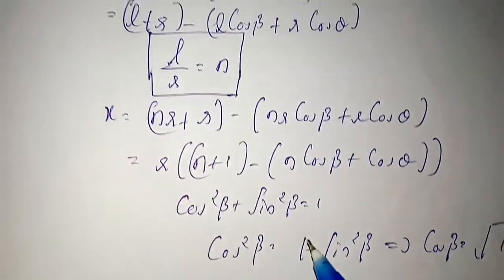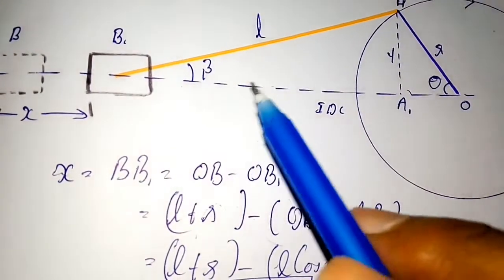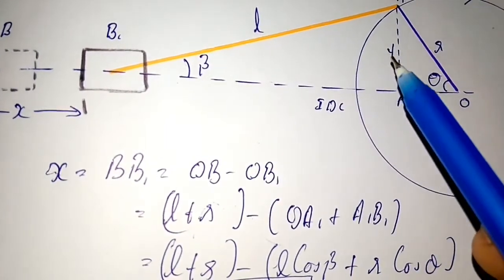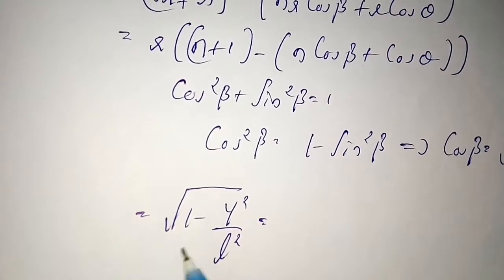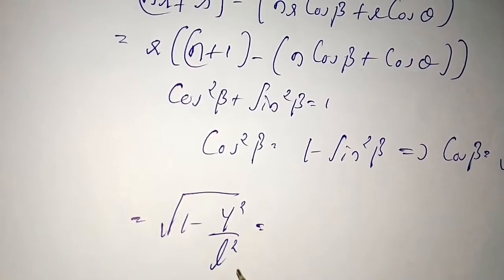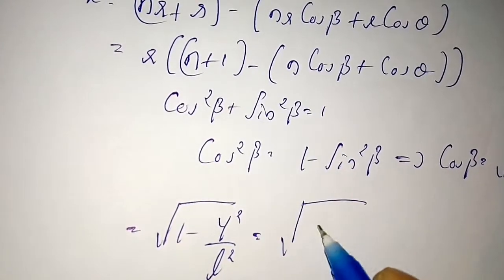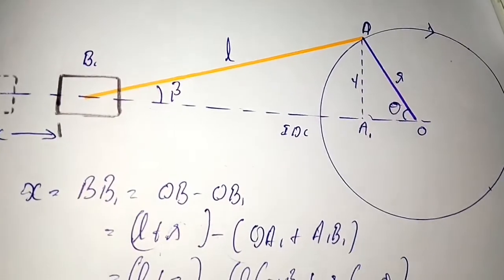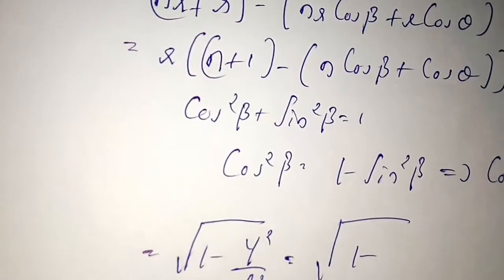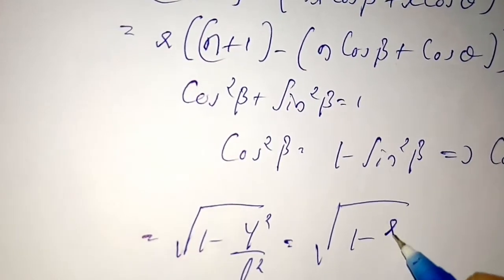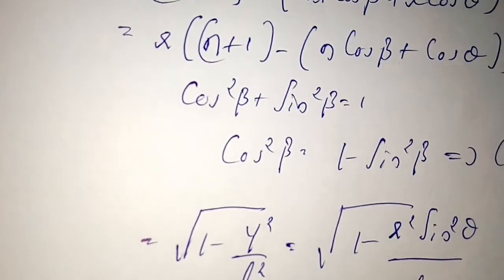So from here we can write sin beta as y by L. So cos beta is equal to root of 1 minus y square by L square, because it is sin square beta. Here we can replace y by R sin theta, right? So it will be y square, so R square sin square theta divided by L square.